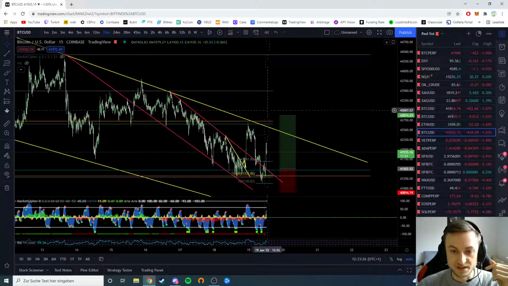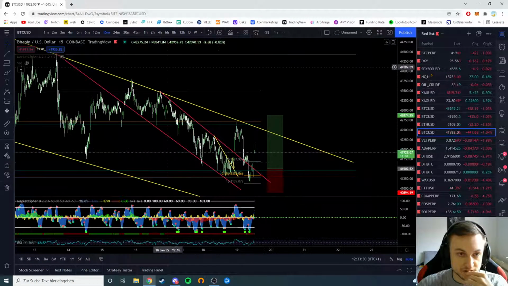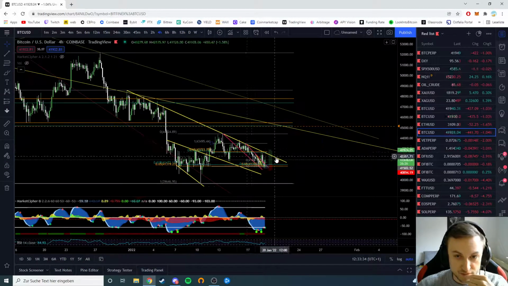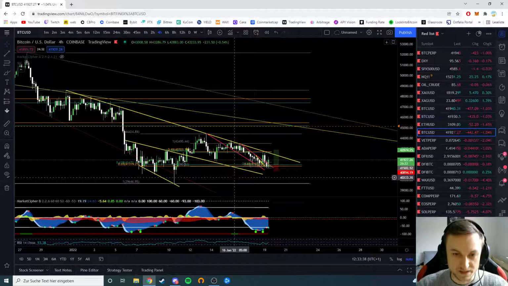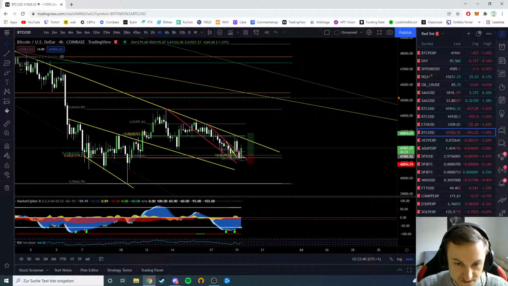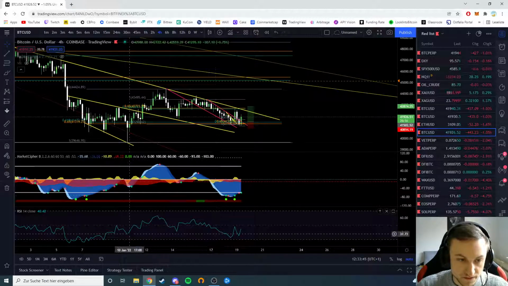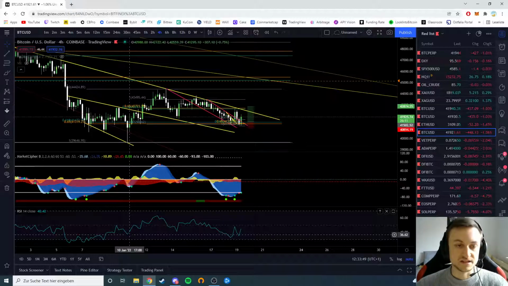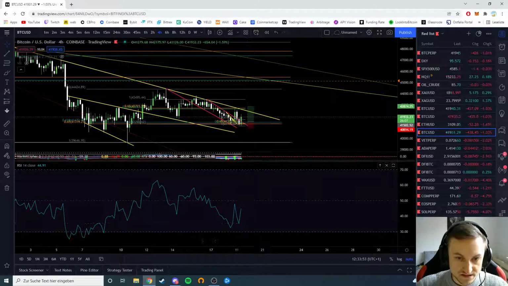But I really think that Bitcoin could pump through this trend line, and the probability is actually higher that it does because we got this beautiful bullish divergence on the 4 hour chart, which is very strong, combined with the hidden bullish divergence. So it is a continuation pattern on the oscillators.